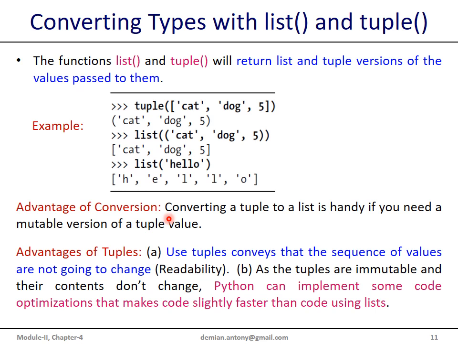There are two advantages. One is to improve readability. How does the tuple implementation improve readability? Let us say we have a list structure, and we know that we are not going to modify the list elements in the program.